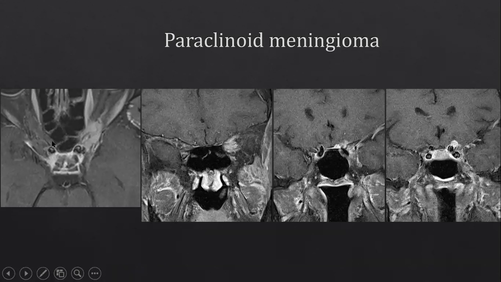So you have the optic canal over here. This is abnormal enhancement within the optic canal, but also into the superior orbital fissure, and continuing intracranially in this patient who has a paraclinoid meningioma. This is the anterior clinoid process, a paraclinoid meningioma.